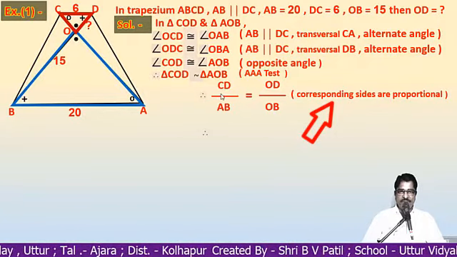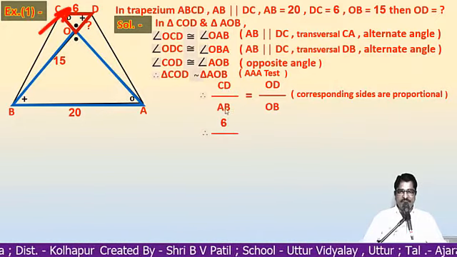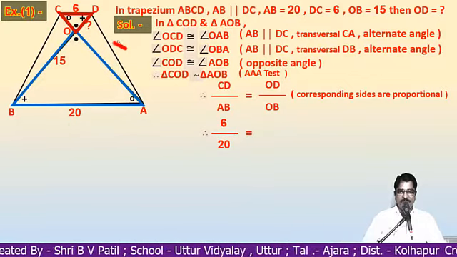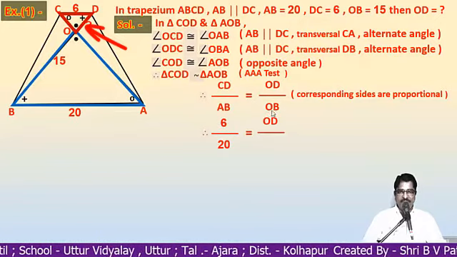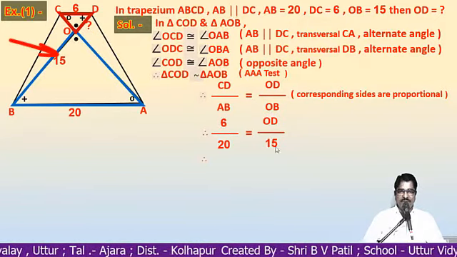Therefore, substitute values: value of CD 6 divided by value of AB 20 is equal to OD, the asked question, divided by value of OB, which is 15. Therefore, what is the next step?